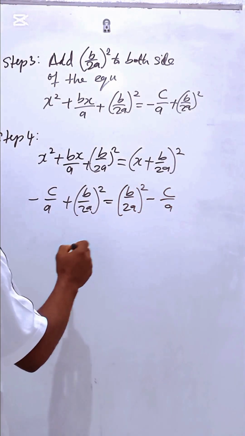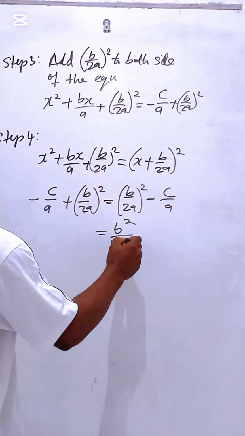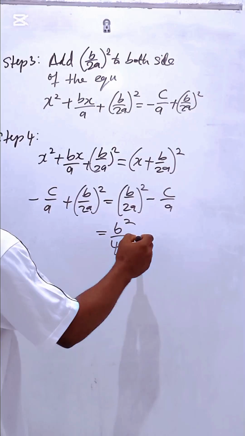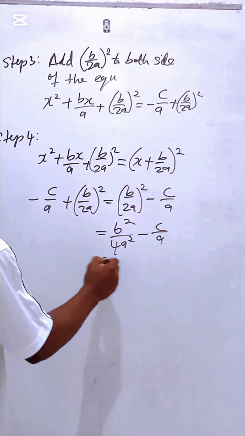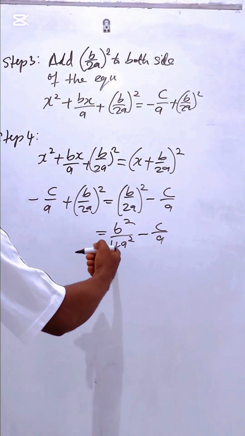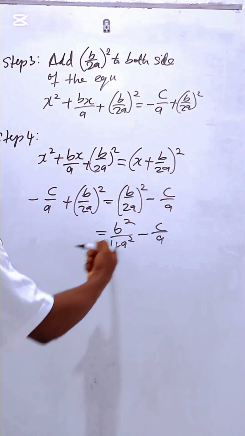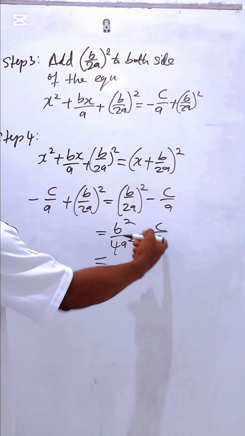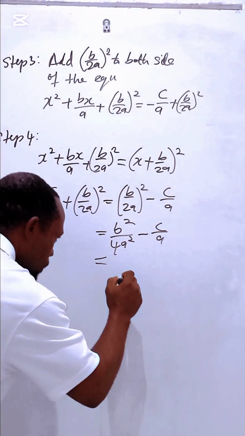And this is the same thing as b squared over 4a squared minus c over a. If the expression is simplified further, we look for the LCM of 4a squared and a. The LCM of 4a squared and a is 4a squared.